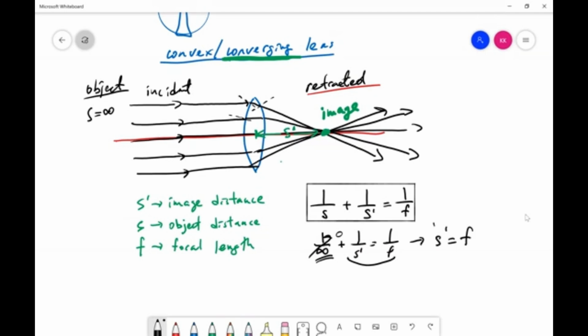That means the image position is the same as the focal point. So this distance is my focal length of this converging or convex lens. Right? Any questions?